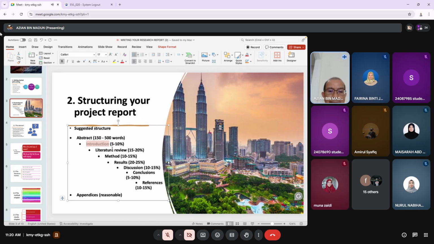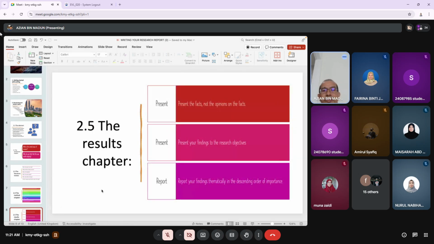Chapter introduction and chapter conclusion we do last, after we do the literature review and the method. I'm not saying we don't touch them at all, we draft something, but we dig deep in the literature review, methods and results, and then you go to the introduction. Following your results, you must go back to your research objective.